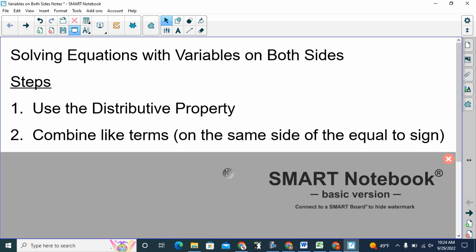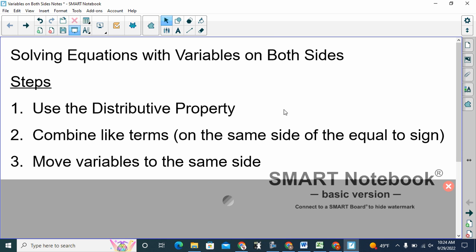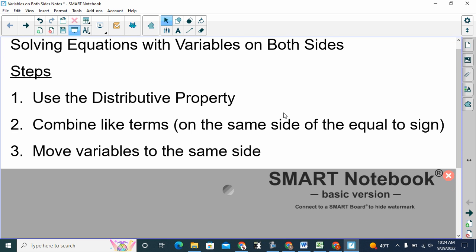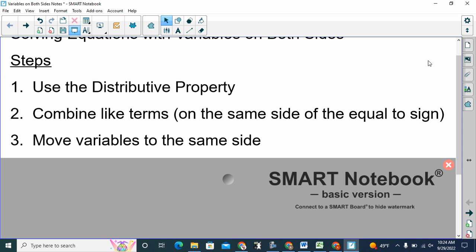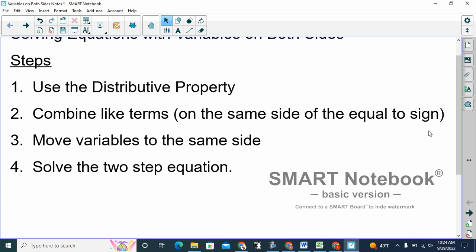Step three is the only new step. Because we have variables on both sides of the equal sign, we need to move the variables to the same side. All the variables we need to move over to the same side of our equal sign. And then step four was the last step last time: to solve the two-step equation that now results.